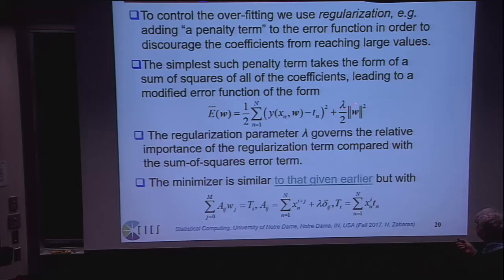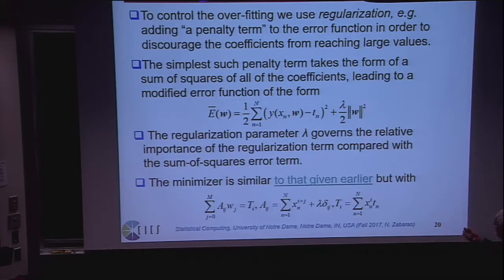The idea here is when you have overfitting, like in the picture I showed you, the coefficients W are very high, plus minus 10 to the 6, right? So this regularization term says do the minimization, minimize this error function, this loss function, but keep the W's small in magnitude. Okay? So this is the classical Tikhonov regularization.